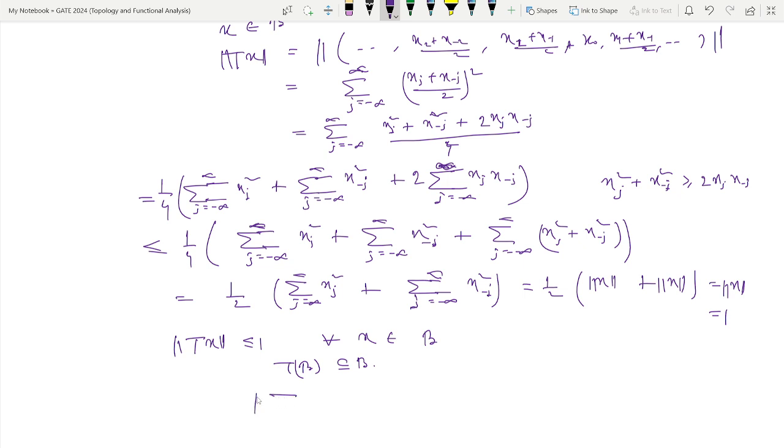Also, as the range space of T, range T, is equal to simply L2, on simple verification we can get that this TB is actually the closed unit ball of this L2 space. Now we know that L2 is not finite dimensional, and hence this B of L2 is not compact.